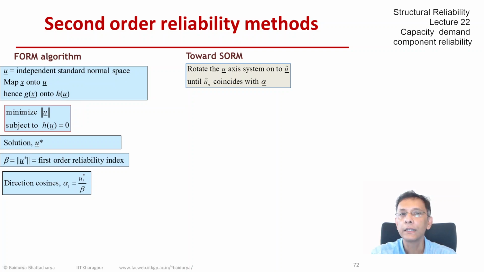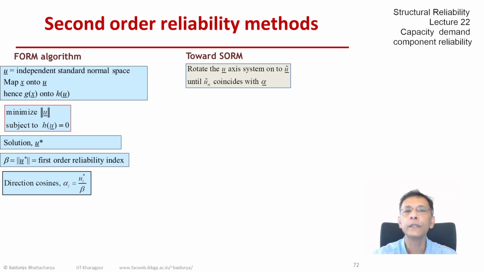So let us say we rotate the u-axis system to the u tilde axis system, and the purpose of doing that is to have a simpler description of the second order parabola or paraboloid that we want to fit at the minimum distance point obtained from SORM.